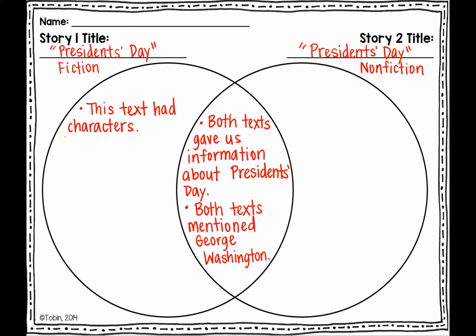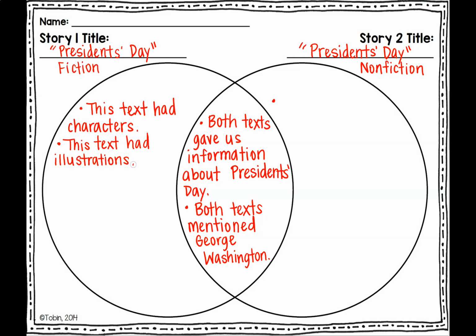Now let's think, remember the difference between nonfiction and fiction. So we noticed that the fiction text, so this text had, it's that fancy word for drawing, starts with an I, illustrations. So this text had illustrations.